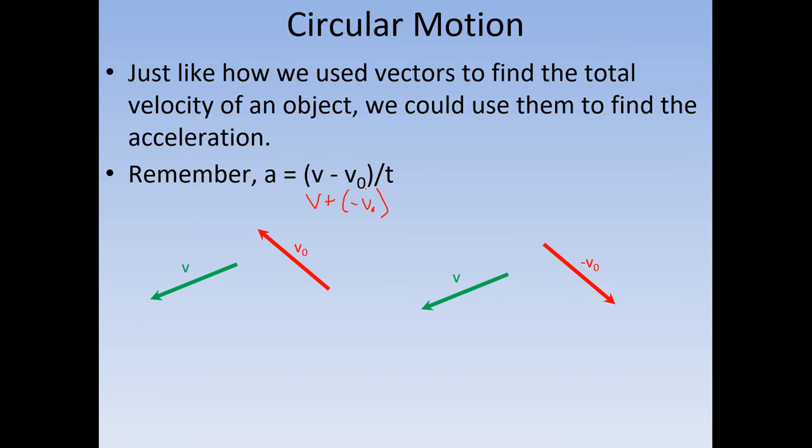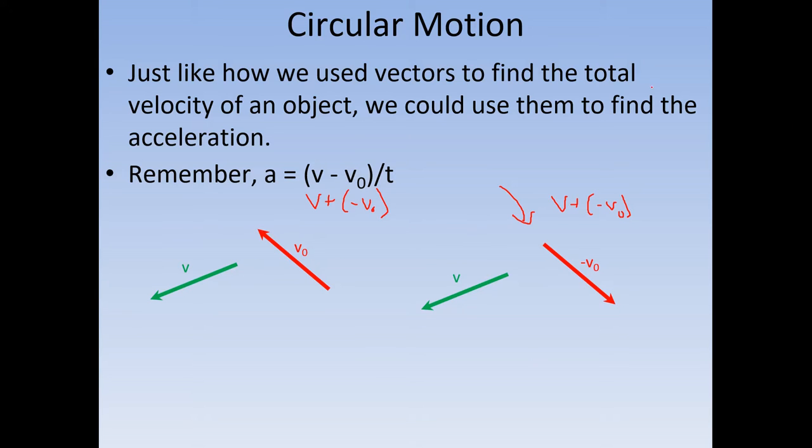So negative v naught would just be flipping it in the different direction. So this would actually be v plus negative v naught. And then what I can do is my typical vector addition in order to figure out the general direction of acceleration. So v naught, negative v naught goes down here.